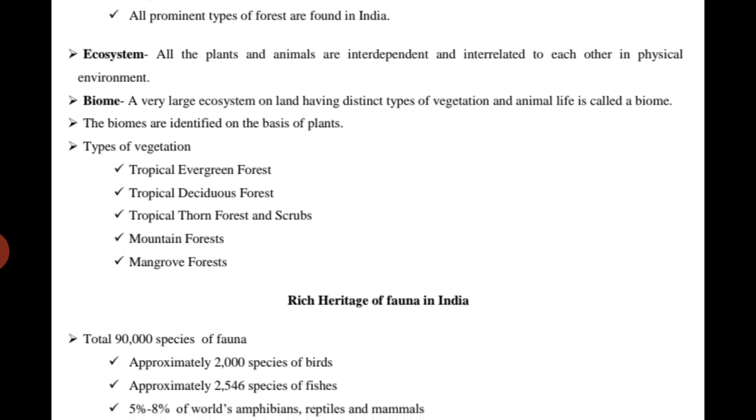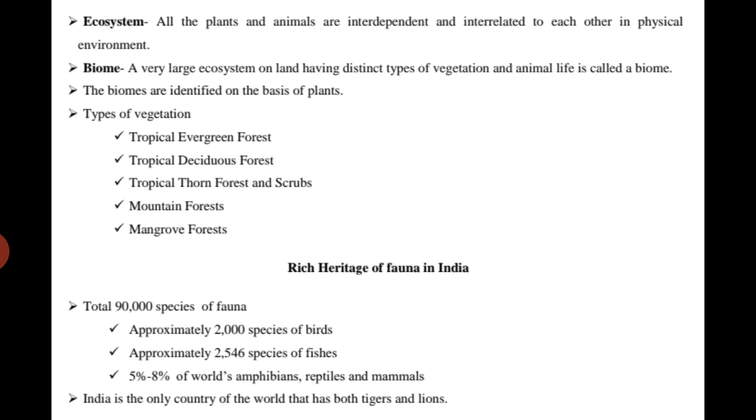We can take the example of the western part of the Western Ghats. It receives heavy rainfall, so evergreen forest is found in those areas, and the areas on the leeward side, that means the eastern part of the Western Ghats, have less rainfall, and that's why sparse vegetation cover is available in those areas.